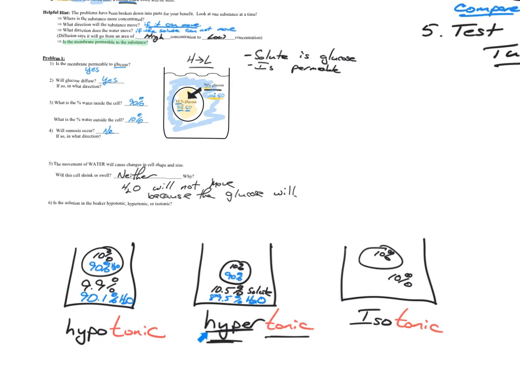When we're saying hypertonic, hypotonic, we're talking about the solute concentration. In the case of hyper, it's higher than the inside of the cell. If we're saying hypotonic, the solute concentration is lower than what's inside the cell. And iso, of course, means it's the same.